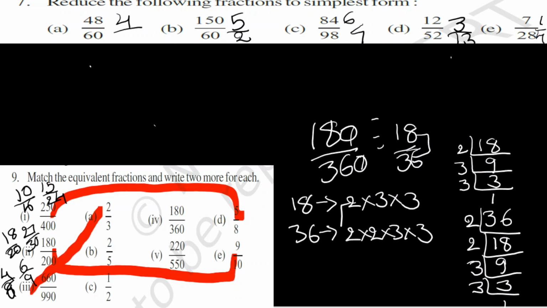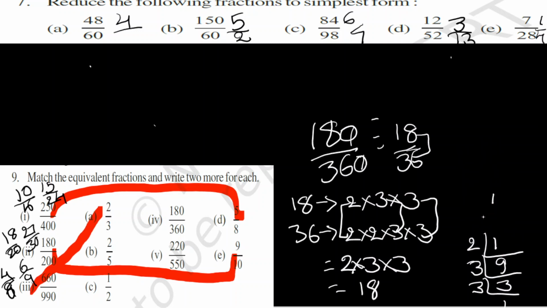Now the common numbers in both are 2 into 3 into 3. Now the HCF becomes 3 3s are 9, 9 2s are 18. HCF is 18.